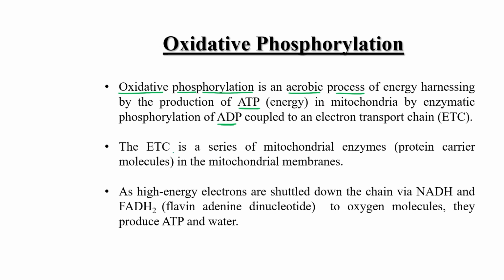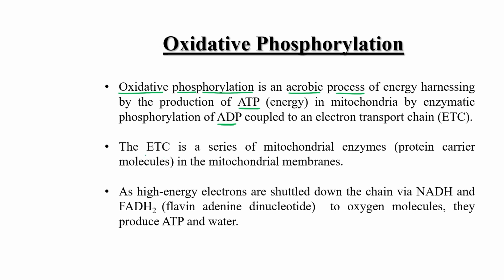Okay, and this electron transport chain is a series of mitochondrial enzymes and proton carrier molecules like cytochrome B, C1, cytochrome A, A3, cytochrome C. All those carrier molecules are there. We have discussed previously, right, in the last lecture.